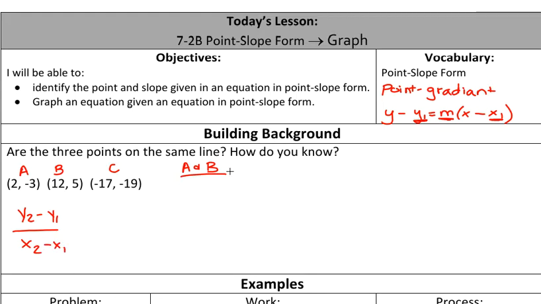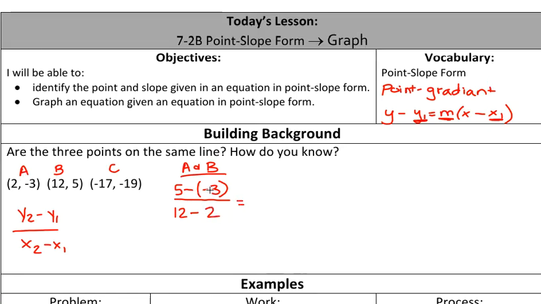If I'm doing B and A, my y2 is 5 minus my y1, which is negative 3. I like to put negatives in parentheses. And then my x2 is 12 minus my x1, which is 2.